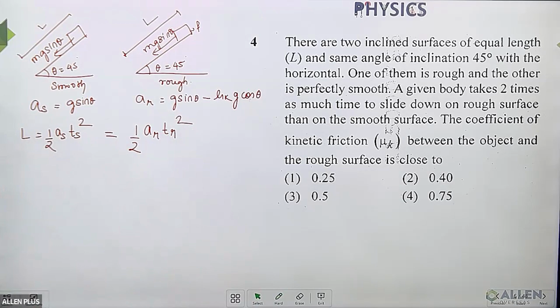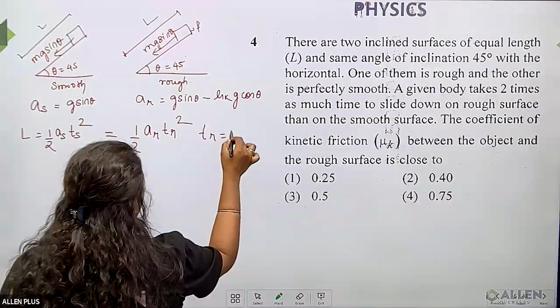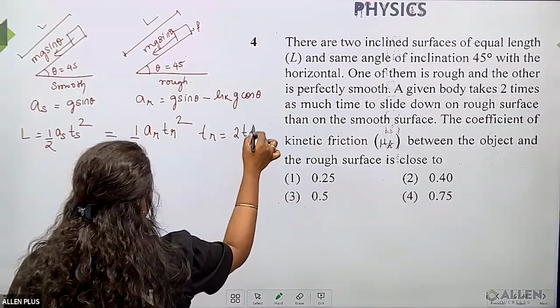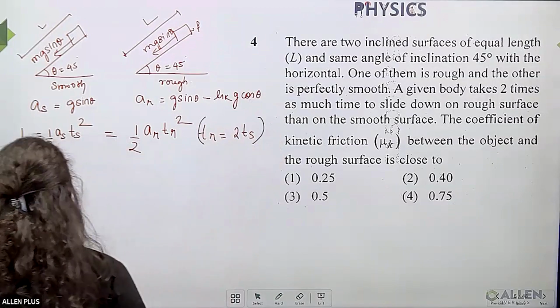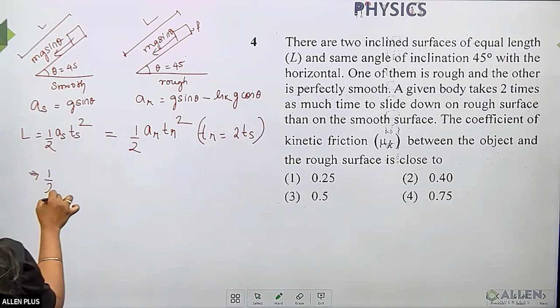According to the given condition, the value of T_R should be equal to twice T_S. So here we can just substitute.